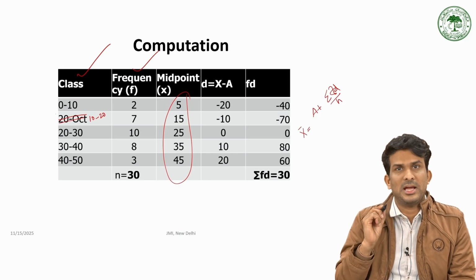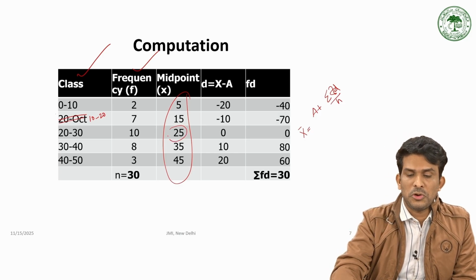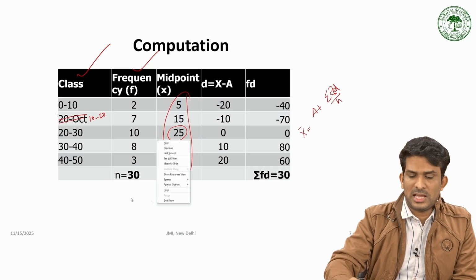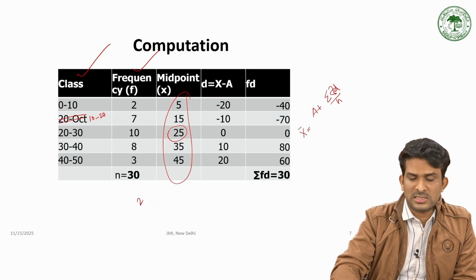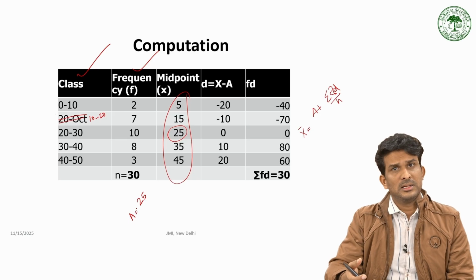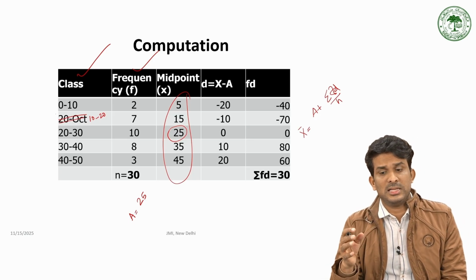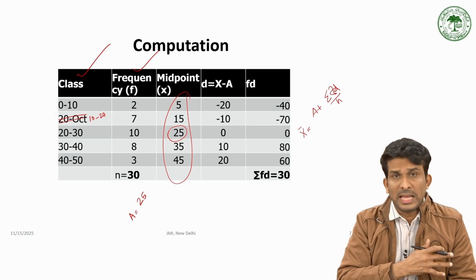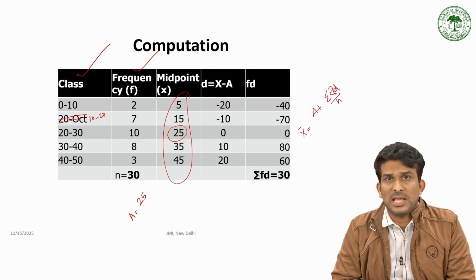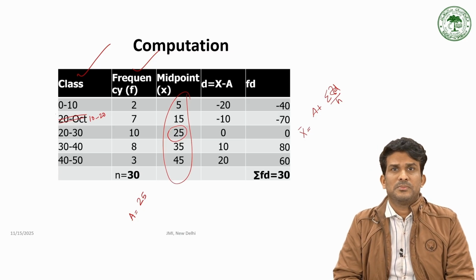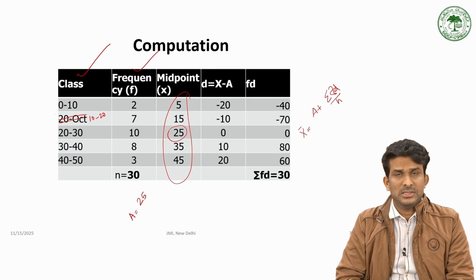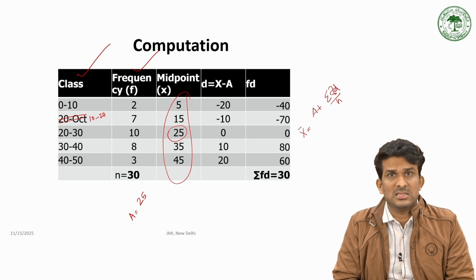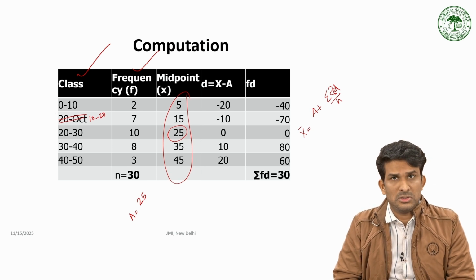I have taken, for example, 25 as assumed mean for this group. Anything you can take. Any value you can take, you will get the same arithmetic mean. You can try again and again, right? To confirm whether this statement is okay or not.